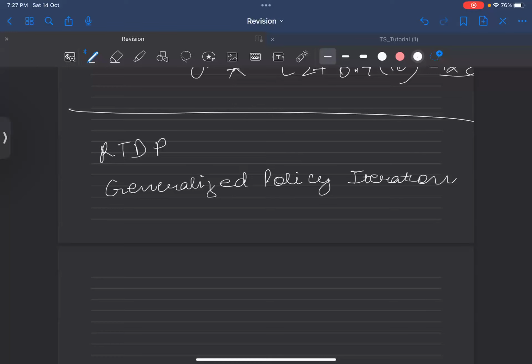Now coming to Monte Carlo. Why did Monte Carlo come into the picture? The same reason, can I say? Model not available. Can I say it is model-free computation? Yes. So they don't require any transition probabilities or rewards.